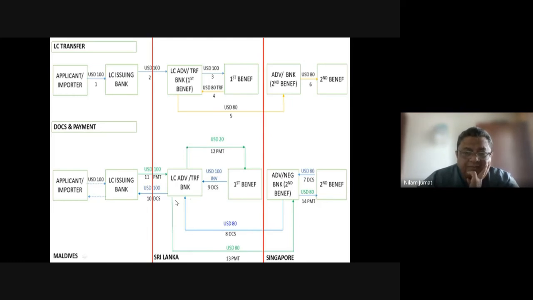Similarly, when it comes to documentation, Ching gives an $80 invoice. Now, if you send Ching's invoice to Ali, what will happen? Ali will say, oh, so this guy is buying from Ching at $80 and he's selling to me at $100.